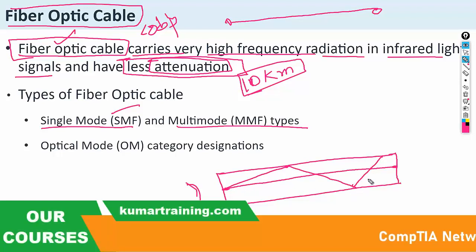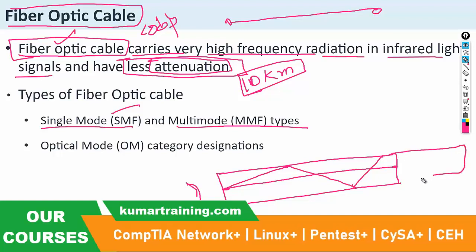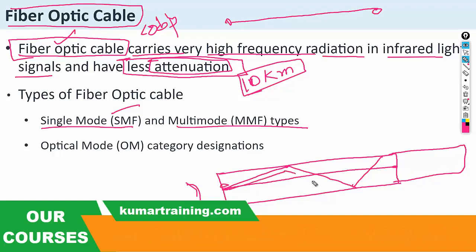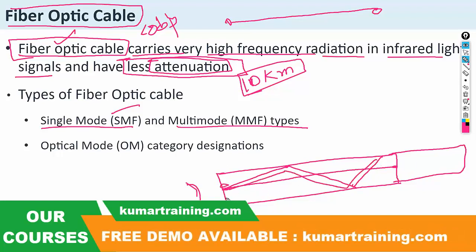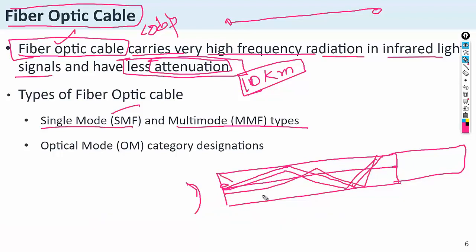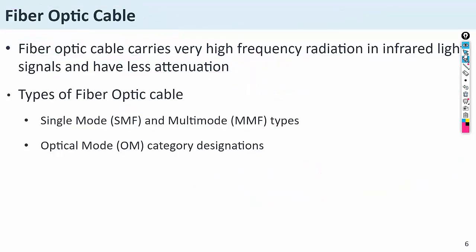Due to the reflection, a high length or high distance is covered. When data is traveling in a single mode, it is called single mode fiber optical. But when data is traveling in multi mode, it means multiple light beams can be emitted at the same time, so it is called multi mode fiber optical cable. For more detail, we will discuss later.